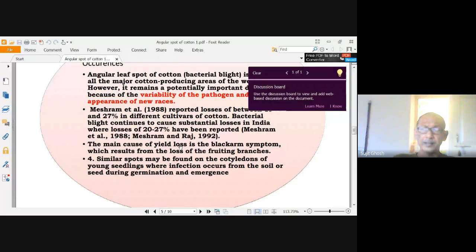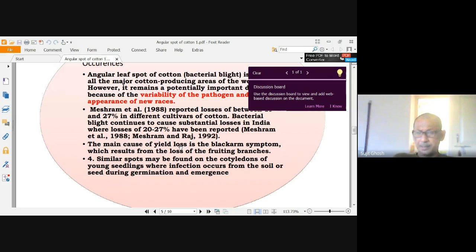A scientist, Mesram, who has worked for a long time, found that in India there is about 19 to 27% loss in cotton production due to this disease. And Mesram's latest report suggested it is slightly higher, 20 to 27%.